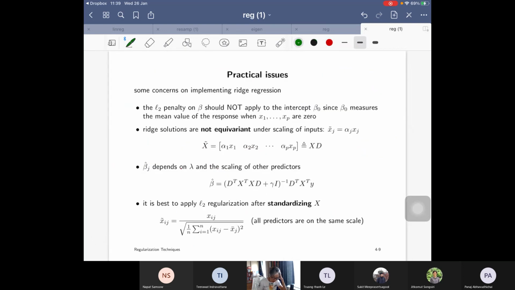There are some practical issues, some concerns about implementing the regression. Typically, in the typical linear regression, a lot of the time people include the intercept term, right? But when it comes to L2 regularization, for the model to be meaningful and interpretable, you shouldn't regularize or penalize the intercept term.